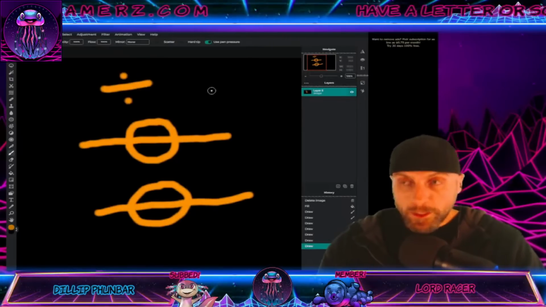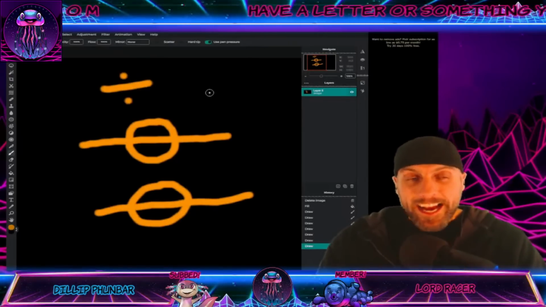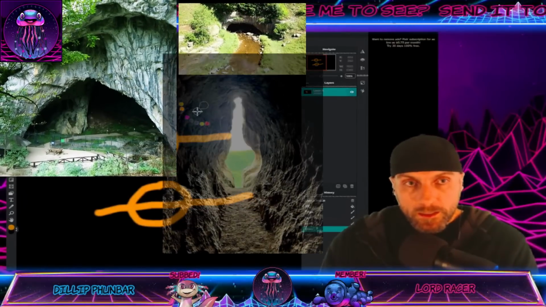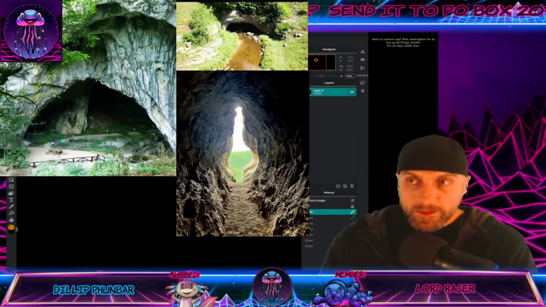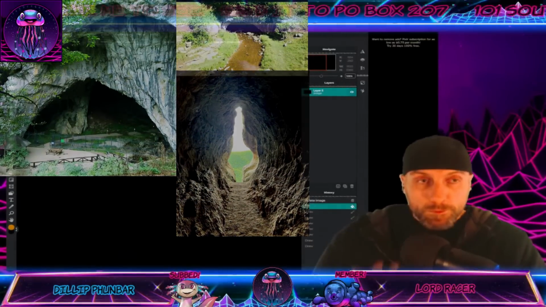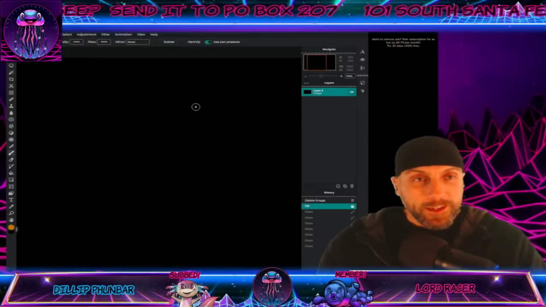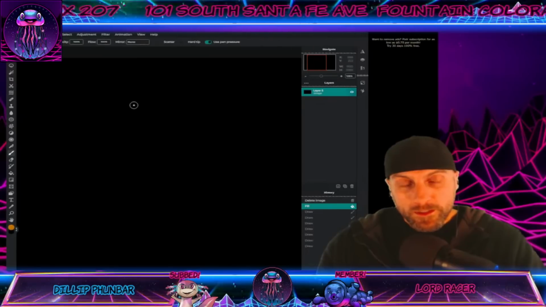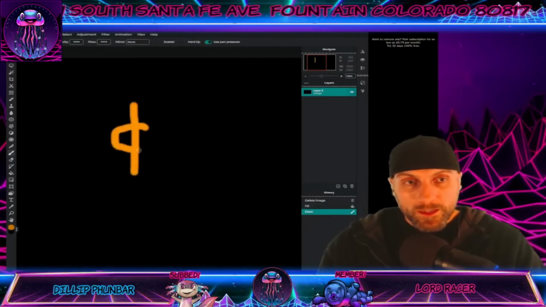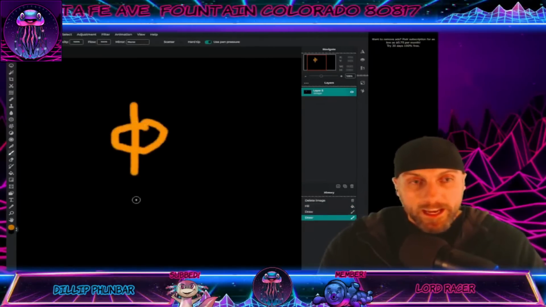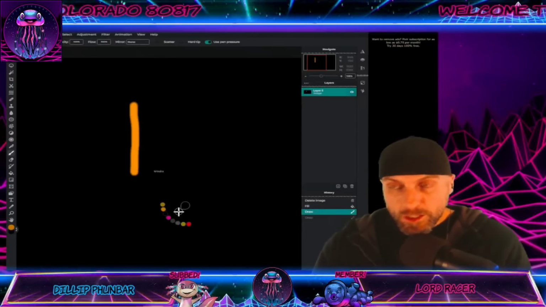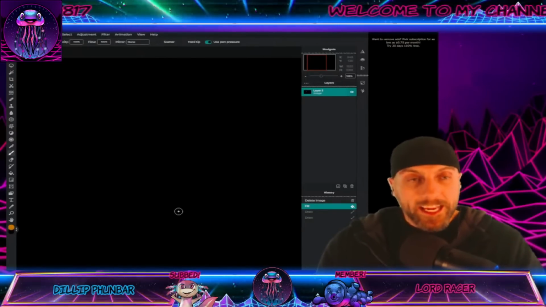But it means to split. It means to divide. And actually, originally, I believe it meant an opening. This is directly related to an Egyptian glyph that meant a female body part, okay? Like, you know, the body part that makes babies, basically, right? It was an opening and a line like that, and it meant a split. It meant an opening in something, and it's directly related to words like cave.